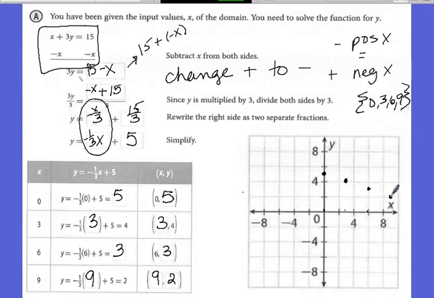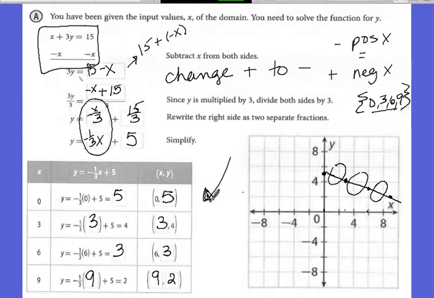Now, our first instinct is to make these into a line. However, we can't do that, and the reason is because these numbers were our only inputs. If I connect this line, so if I draw a line here through this, that implies that everything in these sections of the graph is part of that domain and range, that each of these inputs and outputs are part of this function.